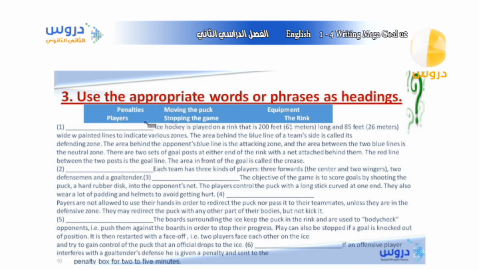Penalties, players, moving the puck, stopping the game, equipment, the rink. Okay, here we have a space. Ice hockey is played on a rink that is 200 feet. So this is a description of the playground.